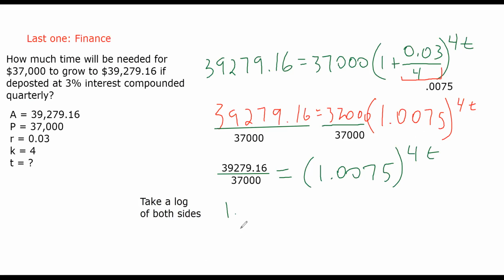So I'm going to have ln of 39,279.16 divided by 37,000, equals the ln of this business.